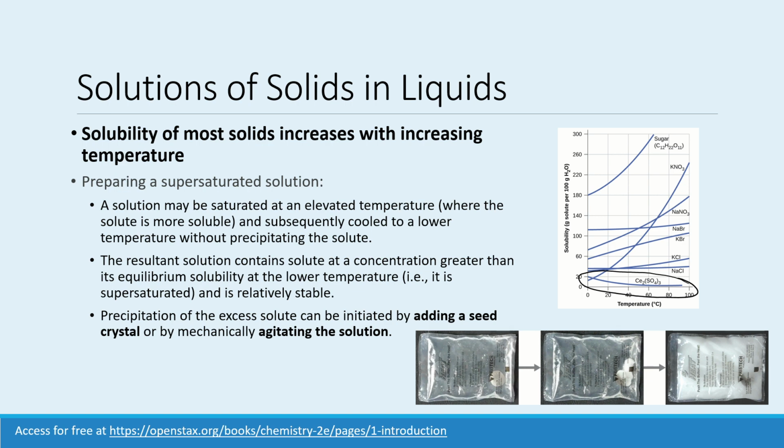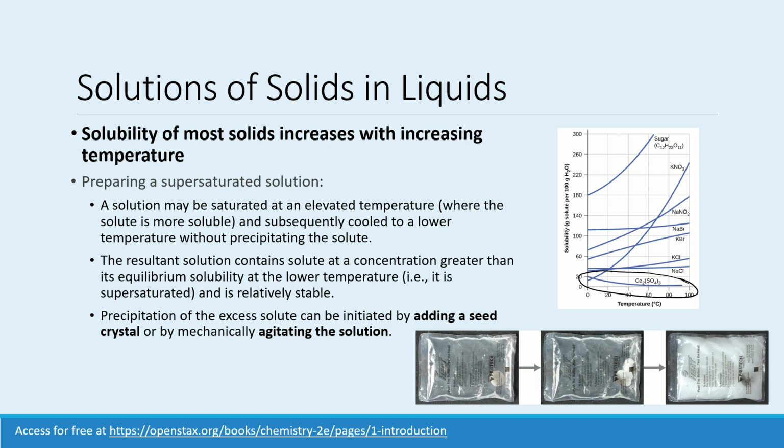Because the solubility increases with increasing temperature, we can increase the temperature of a solution and dissolve a solid until it is saturated, and then we can cool that solution down very carefully and retain that amount of solute in that solution at a lower temperature, and so it will exceed its solubility and be relatively stable.